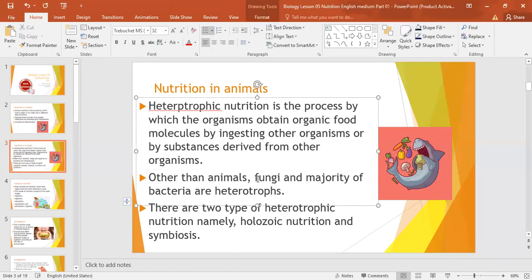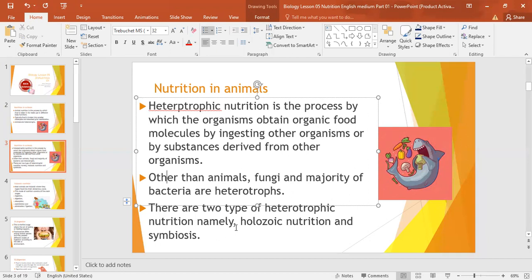Other than animals, fungi and the majority of bacteria are heterotrophs. Actually, fungi have absorptive heterotrophic nutrition. There are two types of heterotrophic nutrition, namely holozoic nutrition and symbiosis. Holozoic nutrition is our nutrition method. Symbiosis is a close environmental relationship between individuals of two different species.